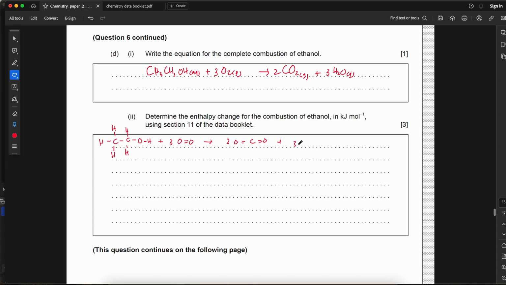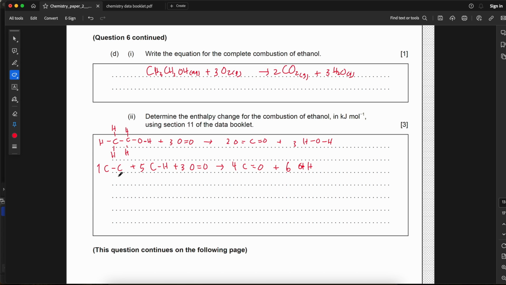Plus 3 HOH. So as we can see, we have 1 CC here plus 5 CH plus 3 O double bond O. So CO, there are 2 times 2, so it will be 4. That's why I always like to break it down into this structure, so it will be clearer for me the bonds that are present in the structure. So OH, it's 2 times 3, so it will be 6 OH.